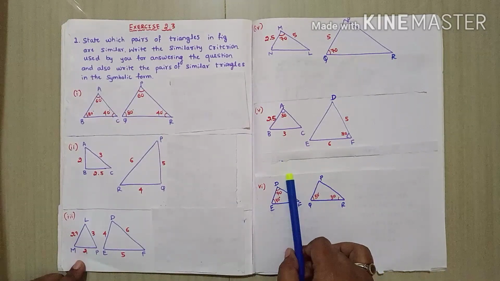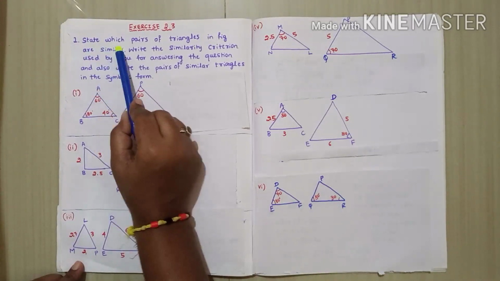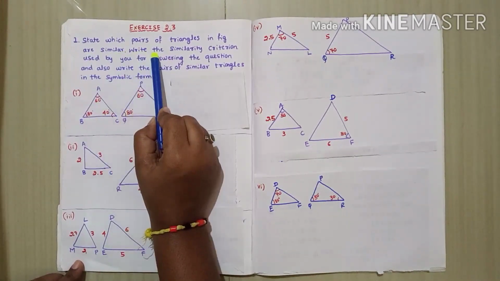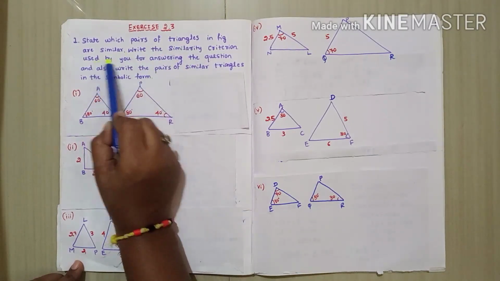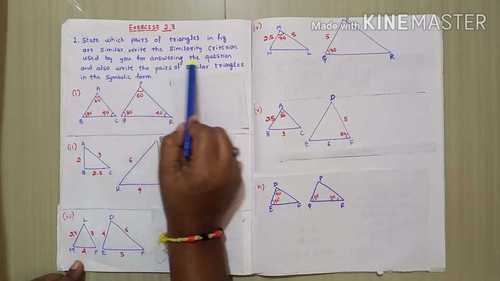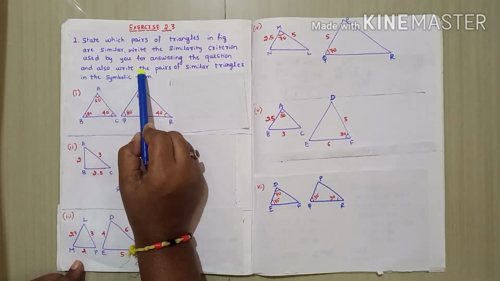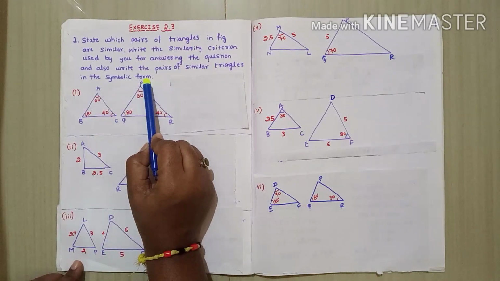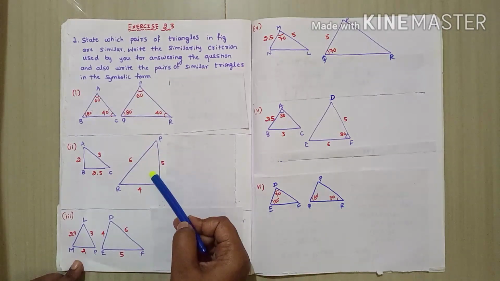The first one we'll see now. State which pairs of triangles in the figure are similar. Write the similarity criterion used by you for answering the questions and also write the pairs of similar triangles in symbolic form. Here they have already given 6 sets of triangles.